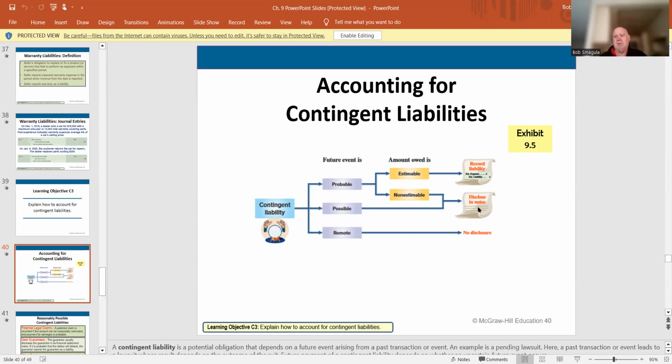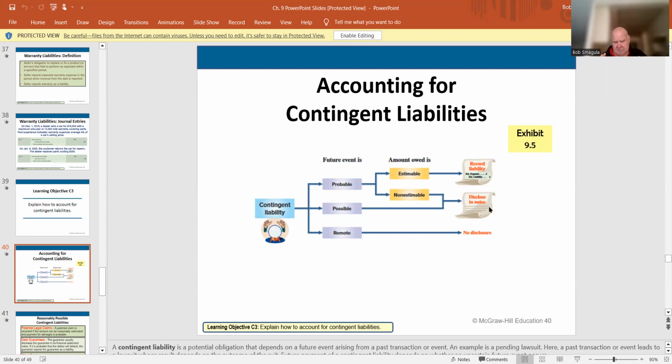But boy, you're going to put a big paragraph on that in your notes of disclosure to let people know what's going on. If somebody sues us, but we're not sure if we can win or lose, our lawyers say it could go either way, in that case we just record it in the notes.